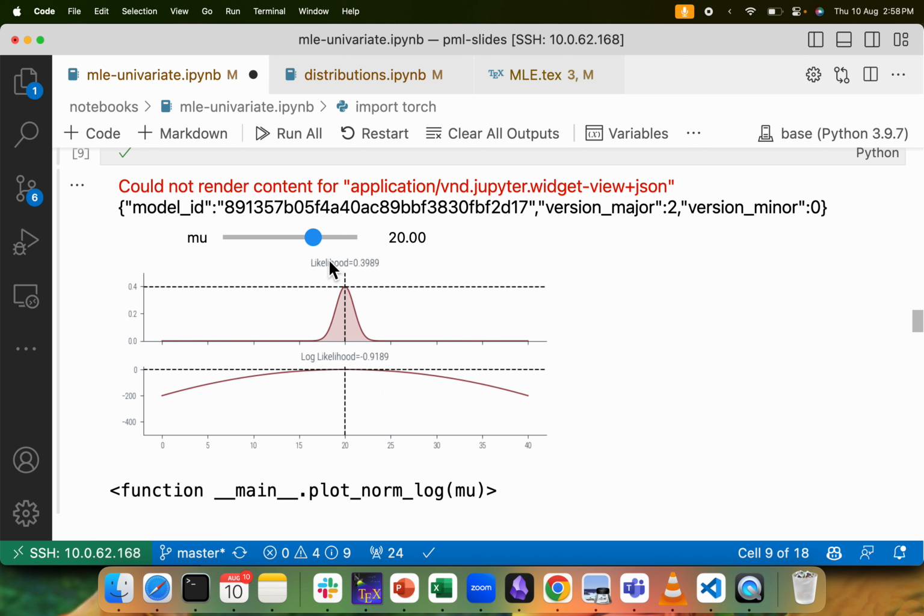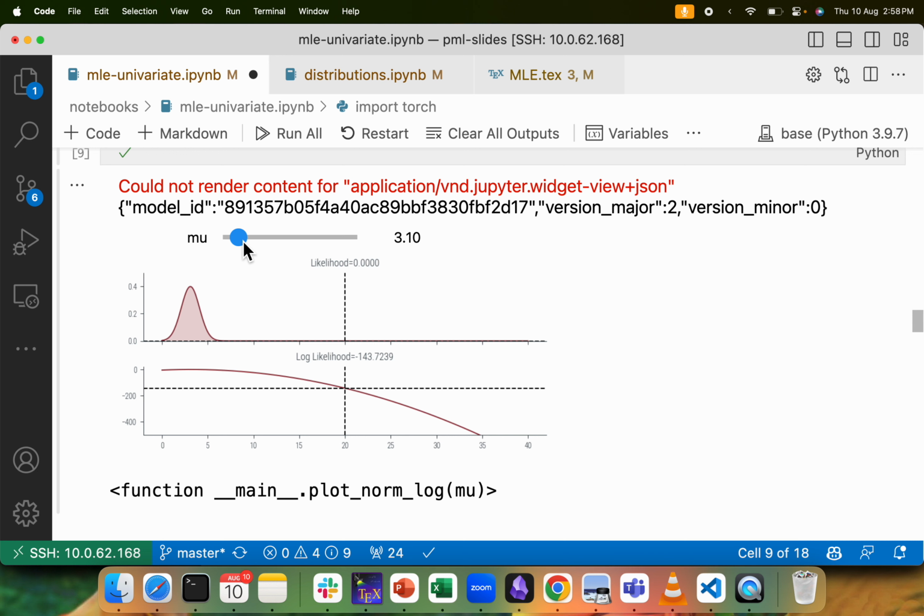But the good thing is that for very far away values of mu, where the likelihood seems to be 0, the log likelihood is still a feasible number to compute. Questions on this? Okay.